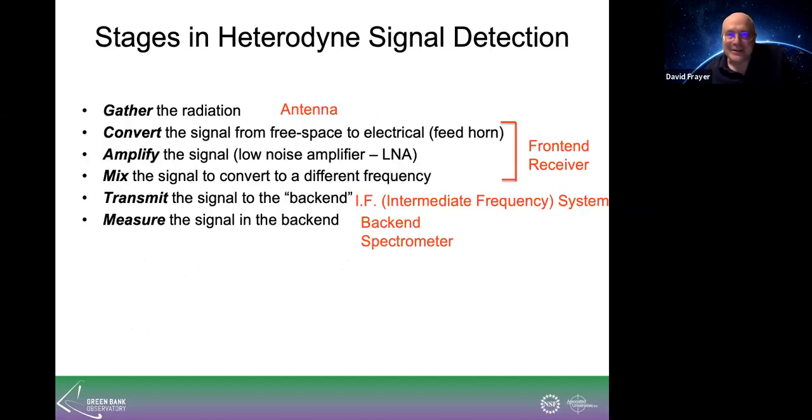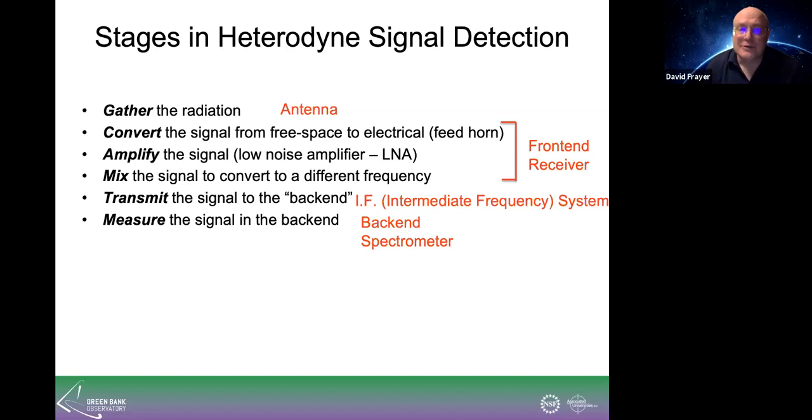So the stages in terms of radio astronomy, you have the antenna, which gathers your radiation, and then you convert that electromagnetic radiation from free space into an electric form via the feed horn. Then you amplify that electrical signal with a low noise amplifier, and we say LNA, more jargon. We mix it with the LO to convert it to a different frequency.